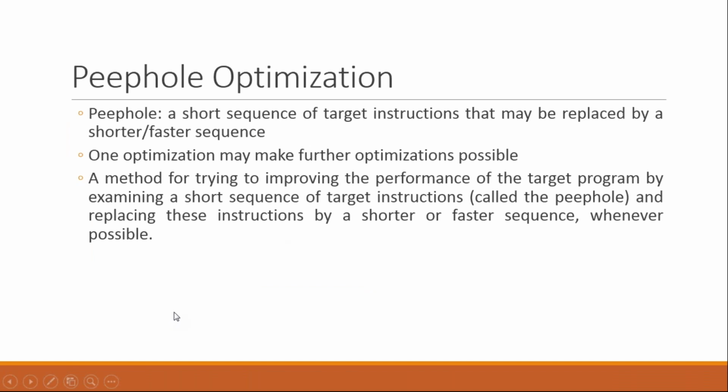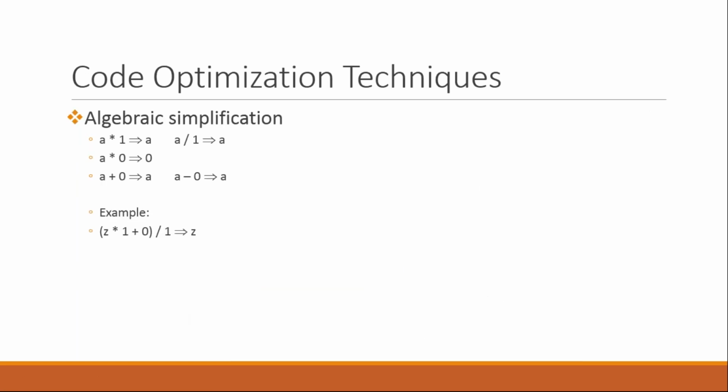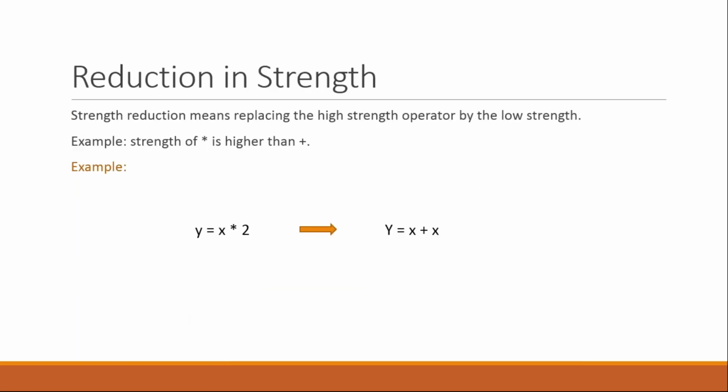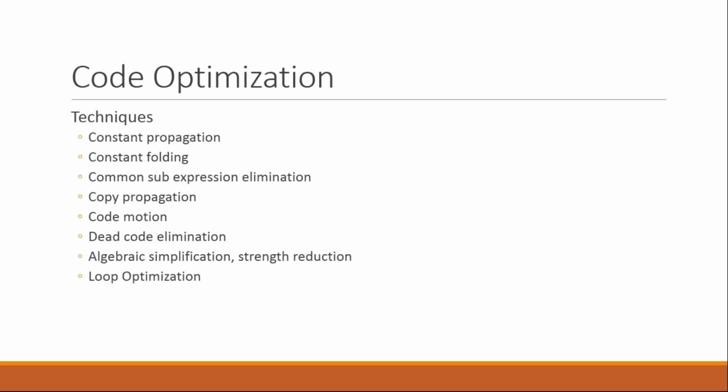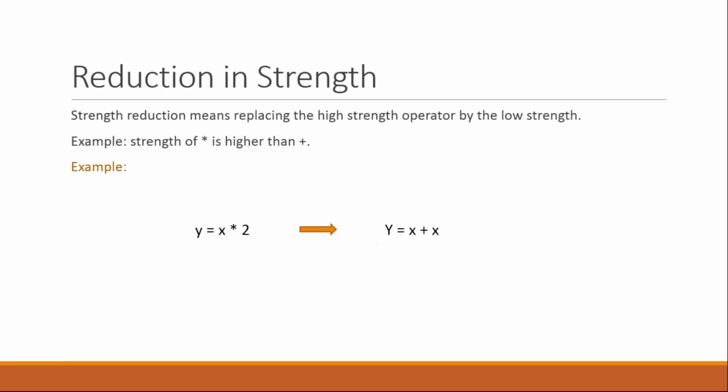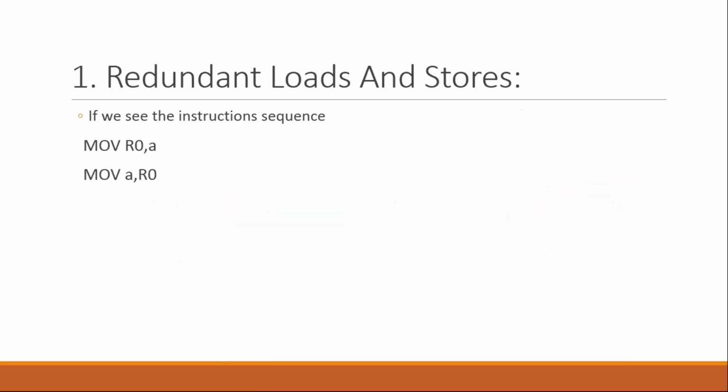Okay. Now one more method, that is the peephole optimization method. Okay. So up till now, the methodologies we have already covered in our session are these types of techniques. Now we have one more method, that is peephole optimization. Now what is the peephole optimization method?